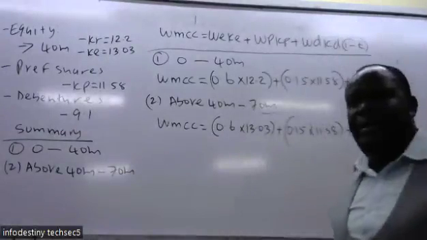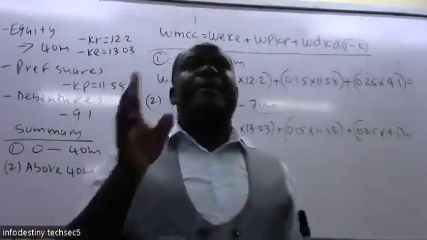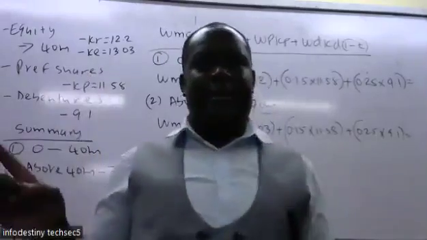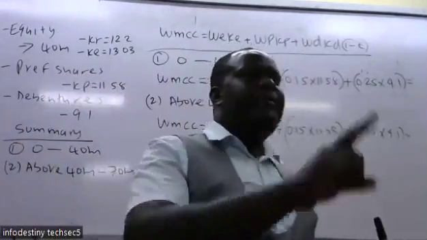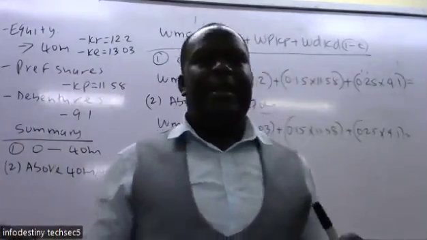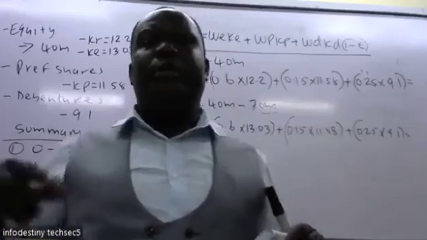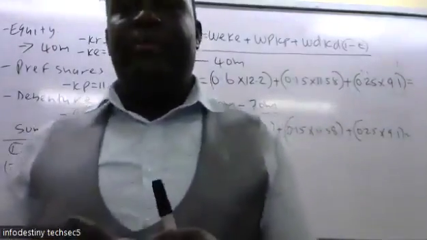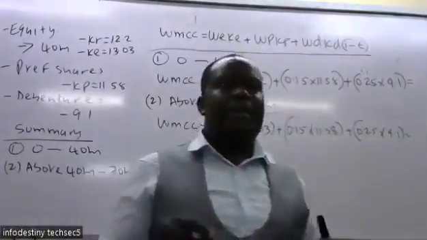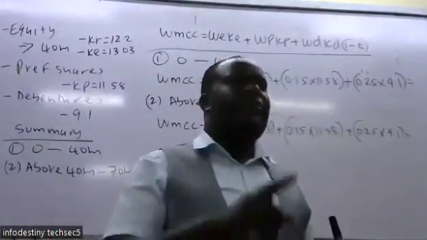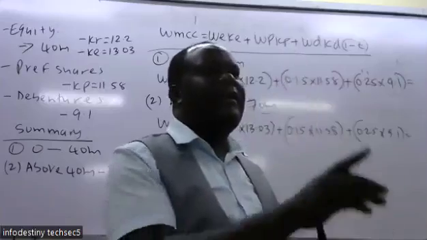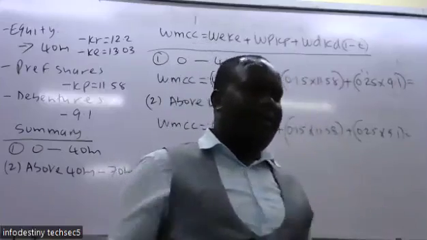So I said we compare WMCC and IRR. IRR is a return. WMCC is a cost. Any project whose IRR is greater than WMCC will be accepted. Any project whose IRR is less than WMCC will be rejected.